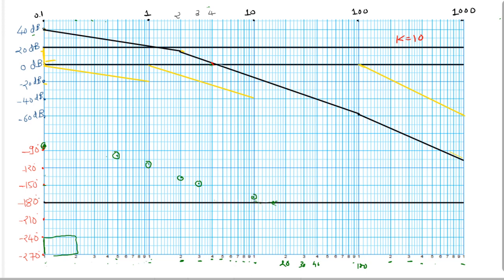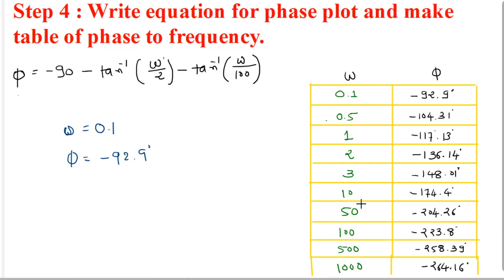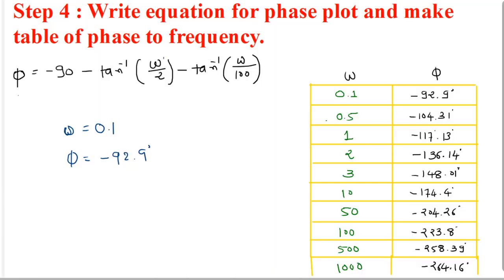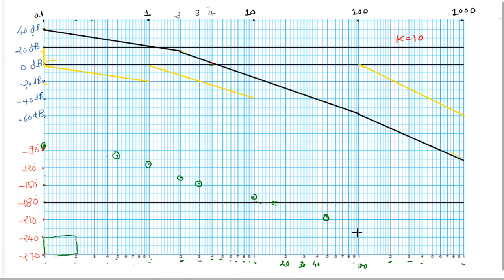Then at 50, minus 204.26 degree, that means here, approximately. Then at 100, minus 223.8 degree, approximately here.